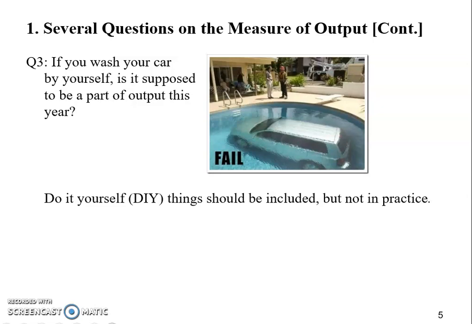But in practice, they are not included in our output. Why? Simply because the government has no way to trace all the way back and figure out how many units of the productive resources were involved, and what would be the prices for each of them. For example, when we talk about this car wash you do for yourself, how many hours did you actually spend?